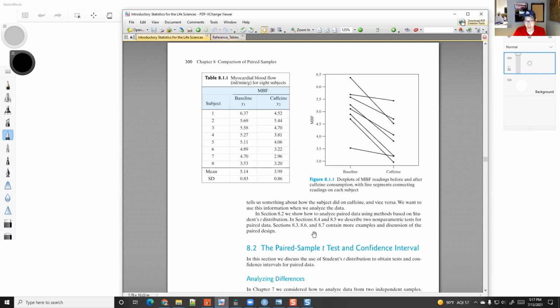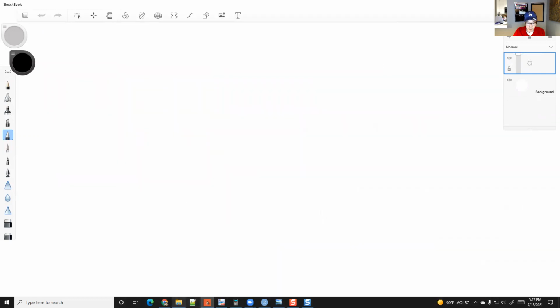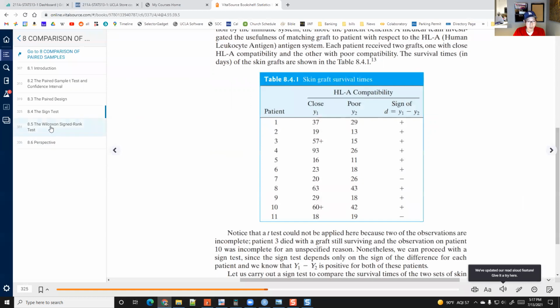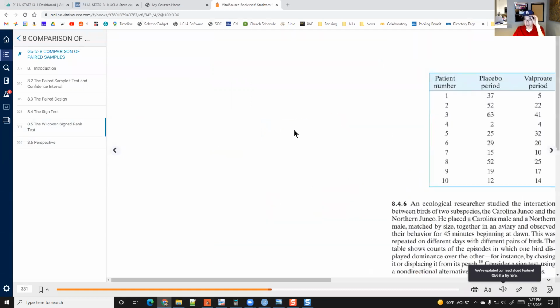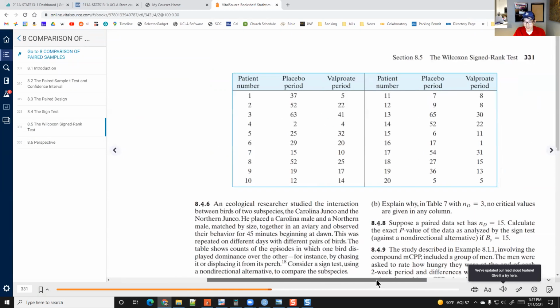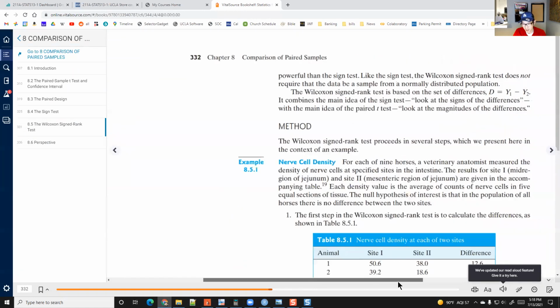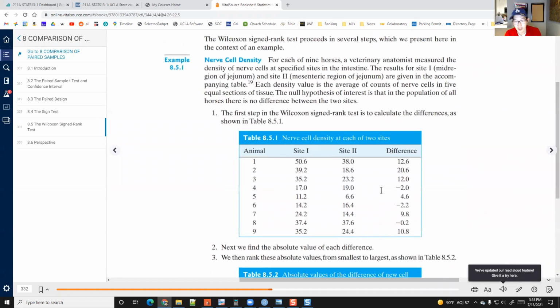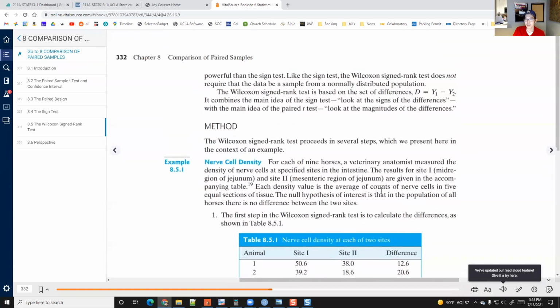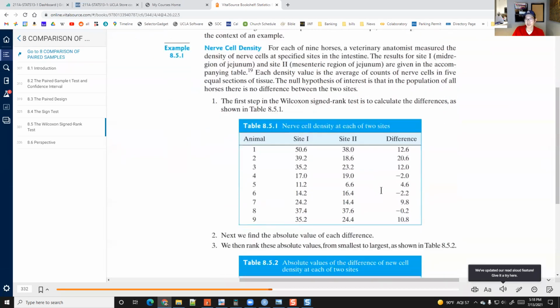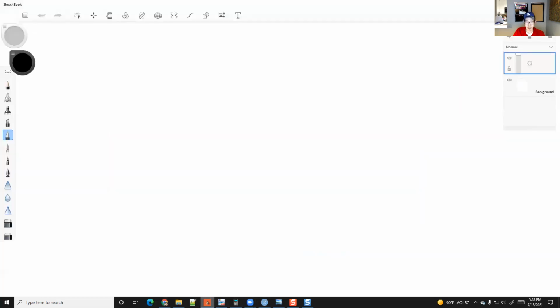Okay. Let's take a look at the signed rank test, and I'm going to just copy the example from the textbook just because the numbers are good. Okay, so again, the signed rank test is a non-parametric test, and this is a little bit more powerful than just the plain old sign test.